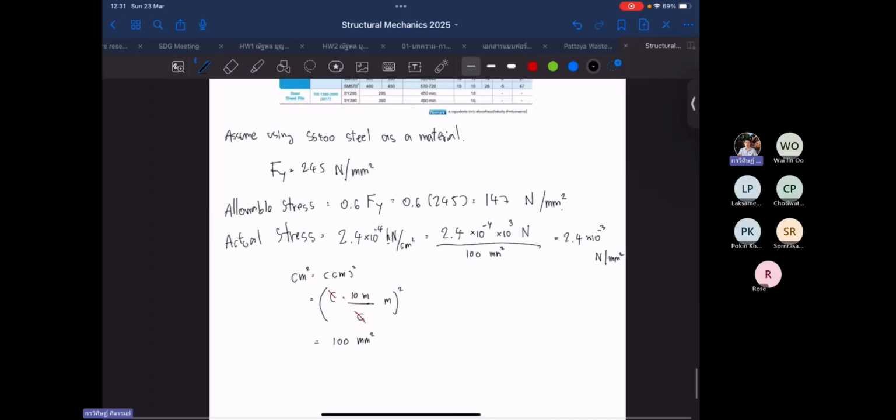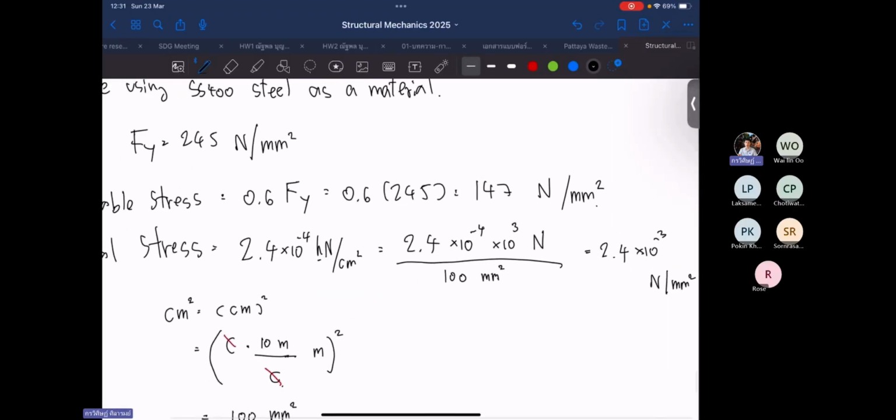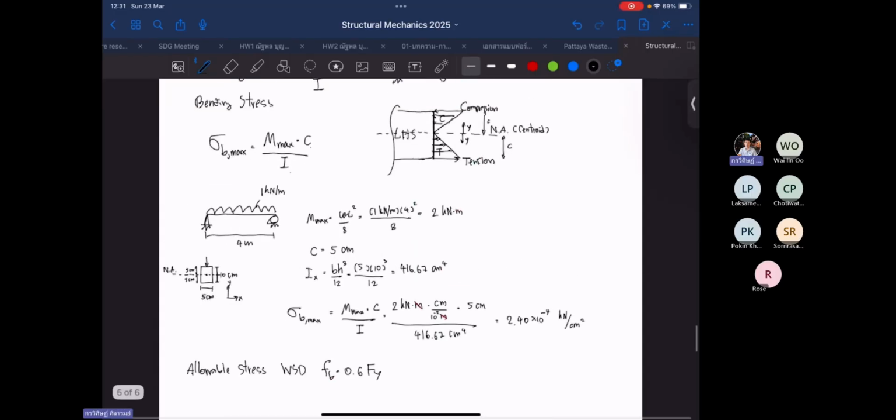So this one is indeed absolutely past the criteria. Okay, like this. So I think my load may be too small for this case. But it's fine.